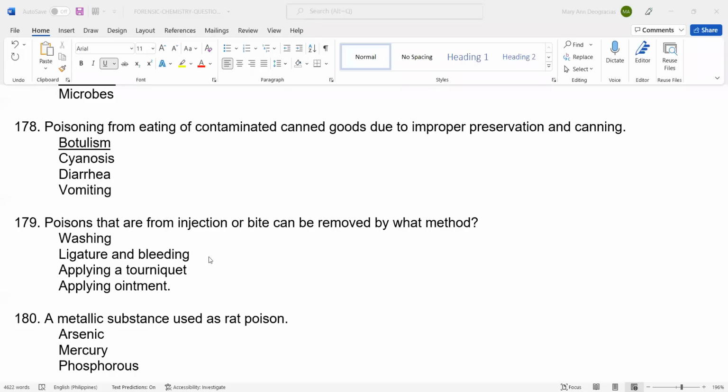So kung gusto mo, halimbawa, nakagat ka ng aso, thus you have to prevent the spreading of that, kunyari suspected may rabies yung aso. So to prevent that from spreading throughout the body, ang gagawin is applying tourniquet. So ano yung tourniquet? That is a restricting band which is tied just above the wound. Pero kung process of removing it, it is done by ligature and bleeding.